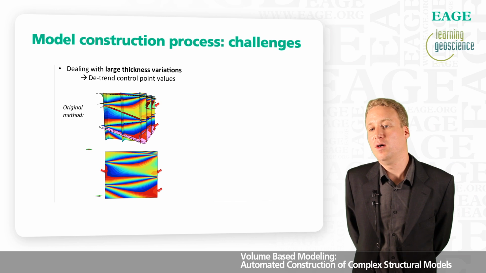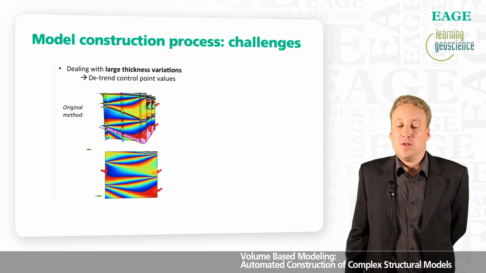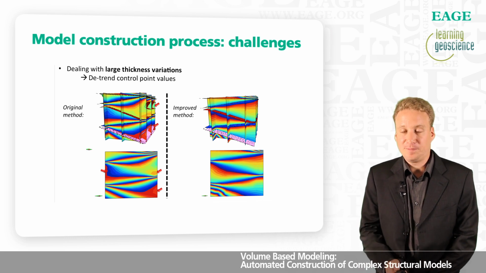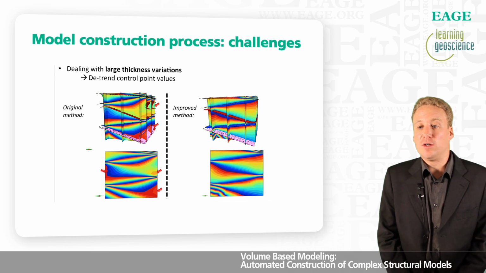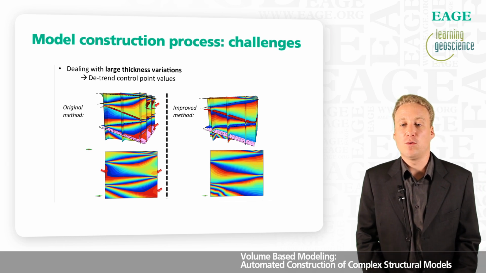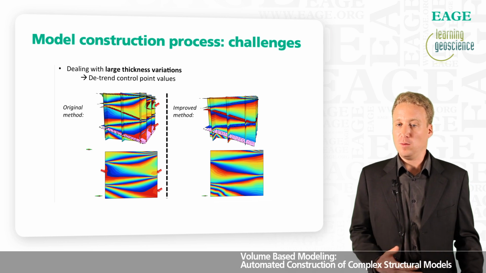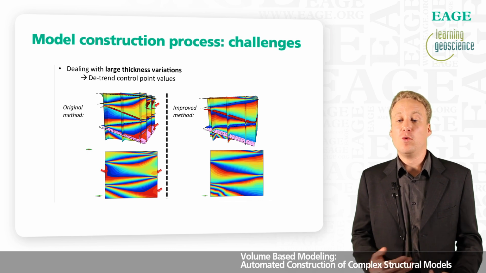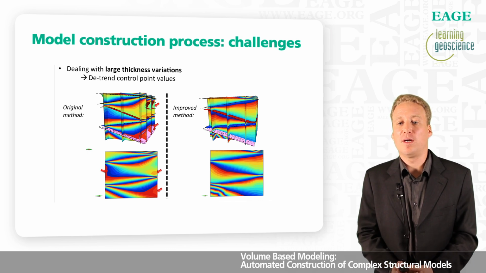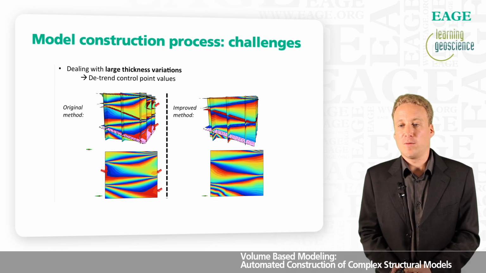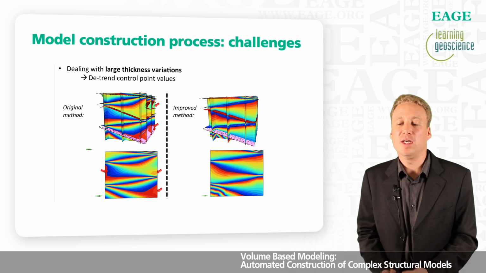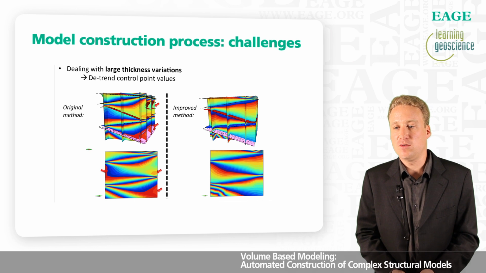And that's the case in this picture. In order to improve the handling of this kind of situation, we are removing the thickness trends. We compute the thickness trends before we interpolate the stratigraphy function, and we remove these thickness trends from the constraints of the stratigraphic function interpolation. We obtain the result that is shown on the right of this drawing, where there are no more artifacts.